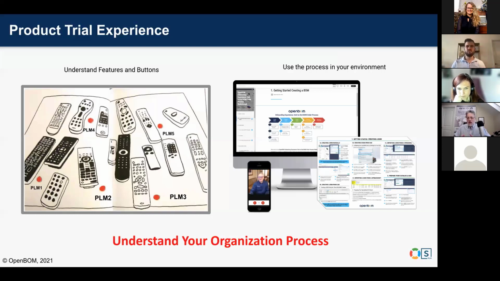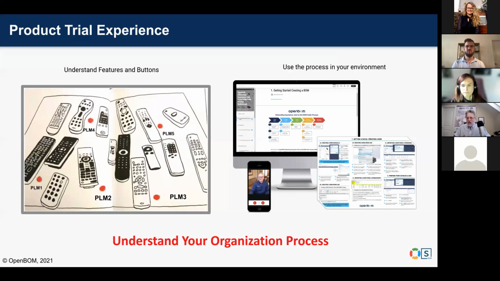We found our training experience combined with the trial to be super efficient. And again, this is also part of our great partnership with Share PLM, the training resources and the training courses. When a company can use this process, see the examples and practice at the same time with their data, that's what makes a difference in the trial.